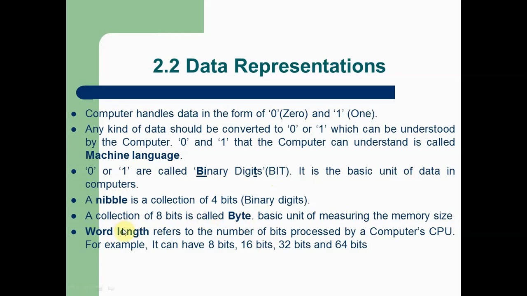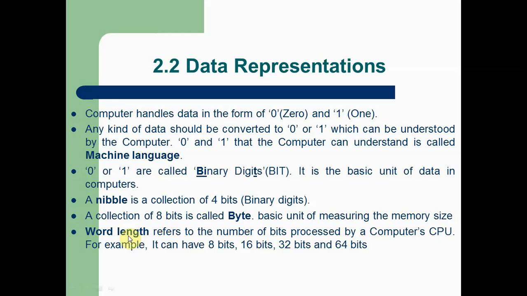Next component is word length. This is an important topic. Word length refers to the number of bits processed by a computer. Of course, all the data should be converted in the form of bits. Bits are going to be processed by the computer. Based upon the number of bits, computers can be classified into different types.